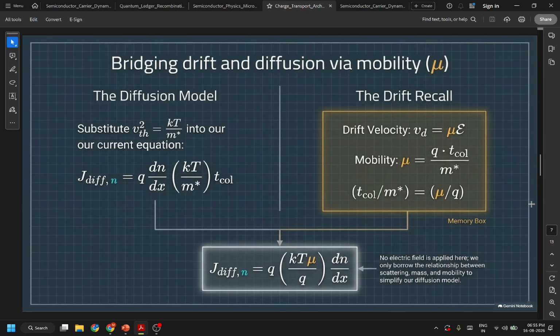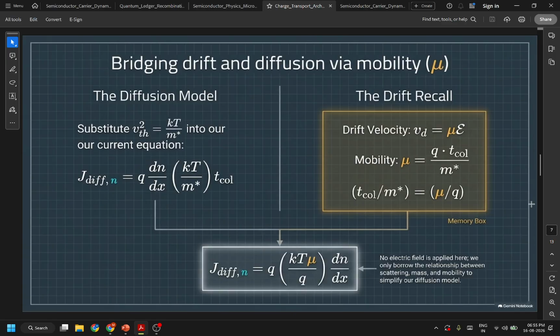So we studied drift in the previous slides and diffusion now. Now we can substitute v_th squared equals kT/m* into our current equation. So this makes J_diffusion,n equal to q dn/dx (kT/m*) tau_c.